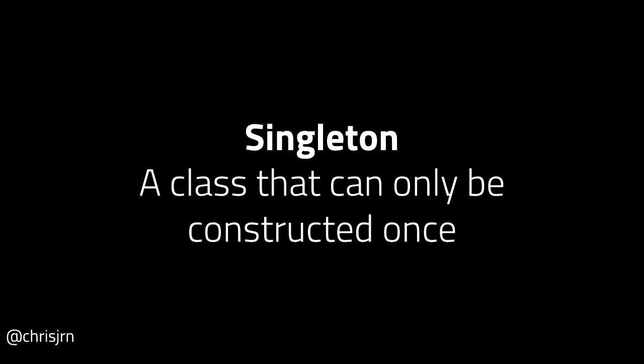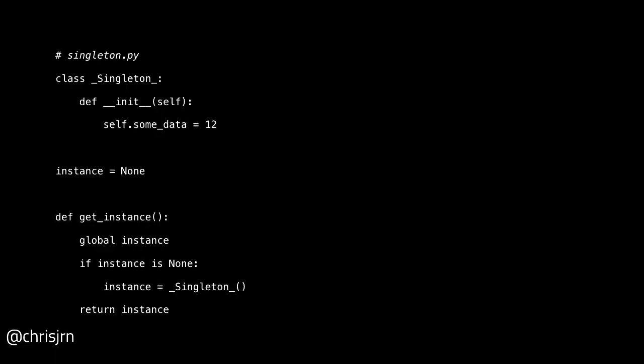So singletons. Singletons are classes that can only be constructed once. So let's have a look at an implementation of a singleton as you would probably implement it in a language like C++ or Java. So if we were writing Java code in Python, our singleton would look something like this. There would be a definition of the class, which has an attribute that you want to store on that singleton.